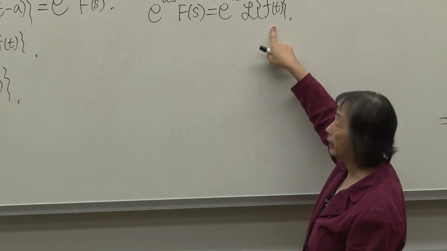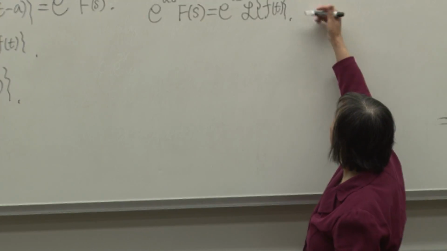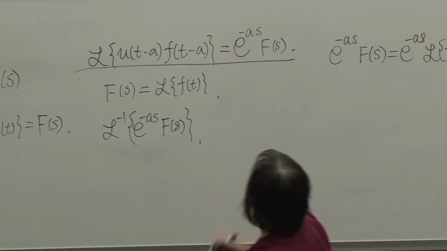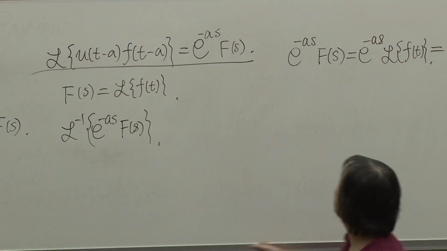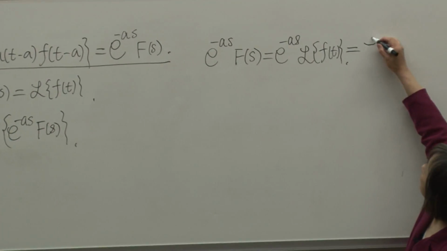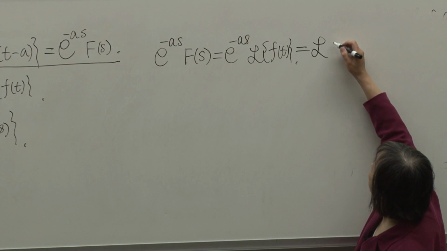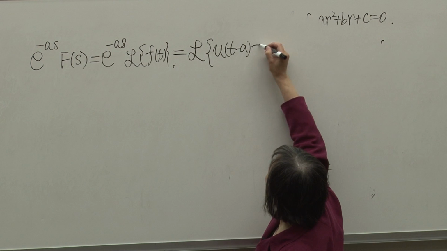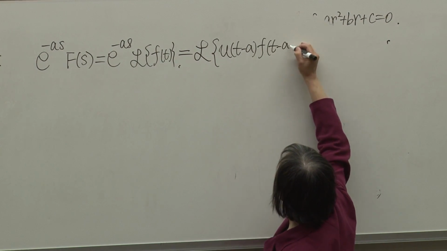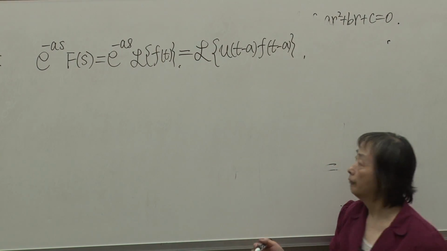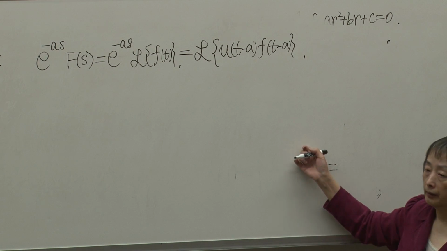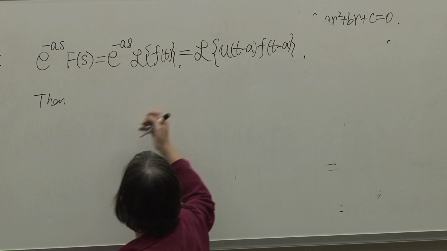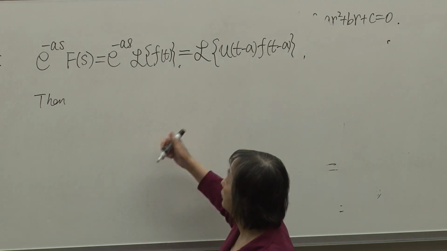Now, if we use this formula from right to left, this should be the same as u(t-a) times f(t-a). Then we take the inverse Laplace transform on both sides.